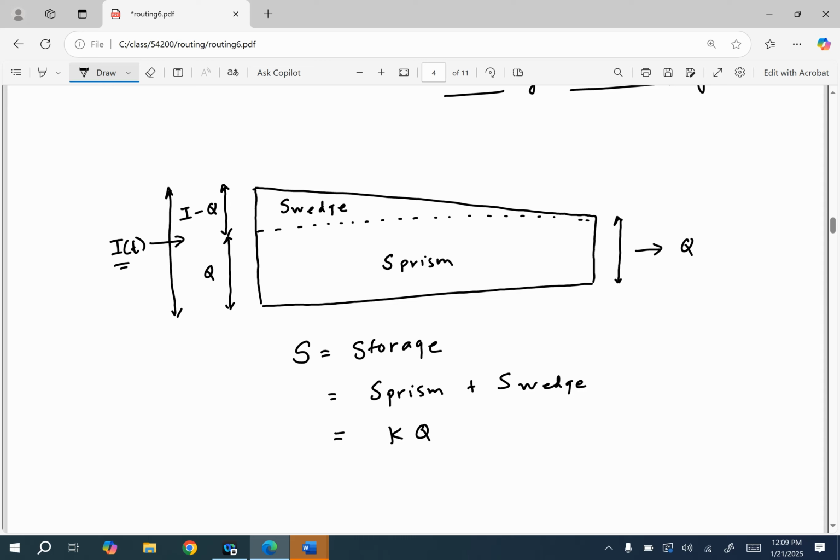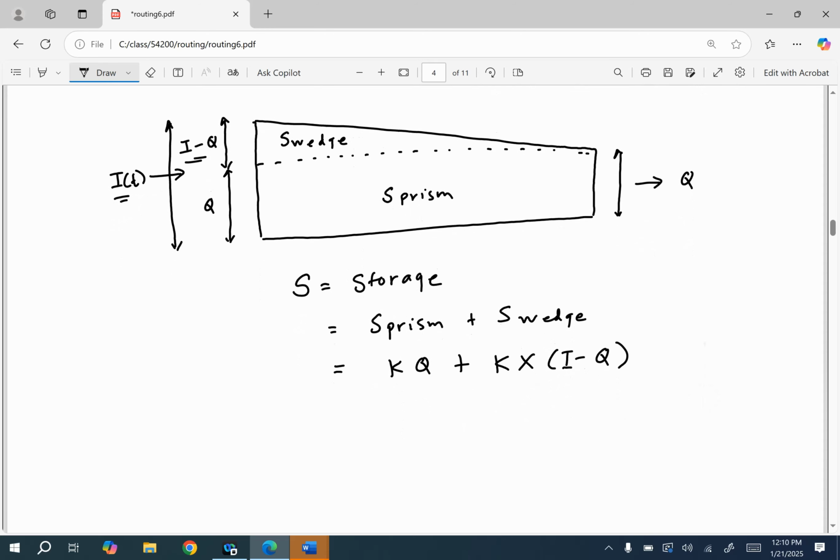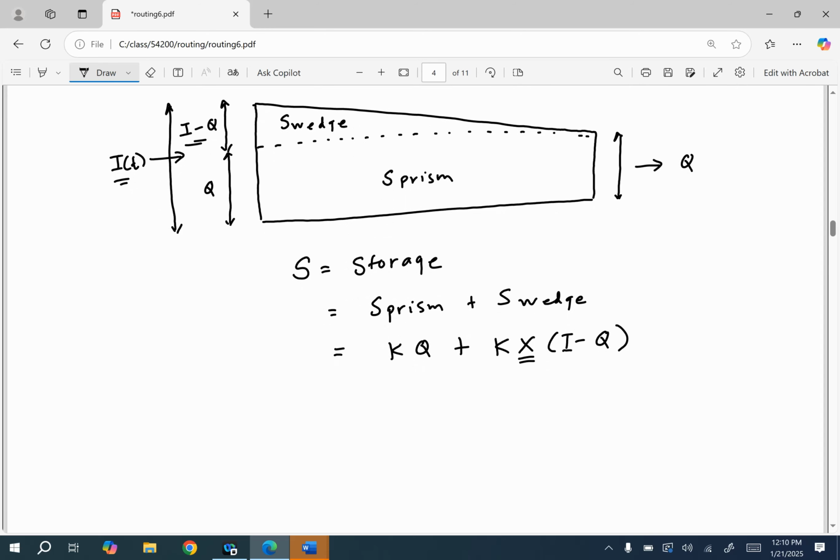And for the wedge storage, what we have is I minus Q, so that part becomes K times X times I minus Q. So instead of just KQ, we now have K times X times I minus Q. We have added one more variable here, X, which is basically a weight of inflow versus outflow.